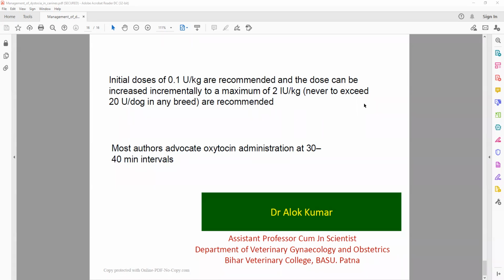Then calcium is also there, oxytocin as a stimulant is also there, so that muscle contraction will be at maximum or optimum, so that it can propel the fetus. So this is regarding the management of dystocia in the case of canine.